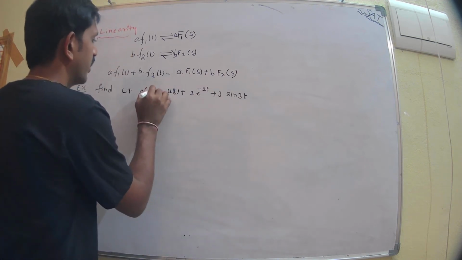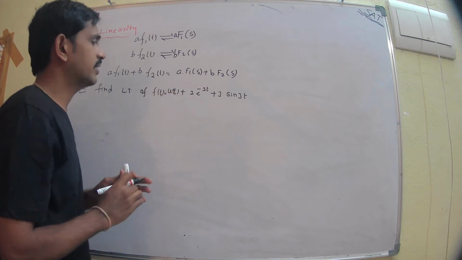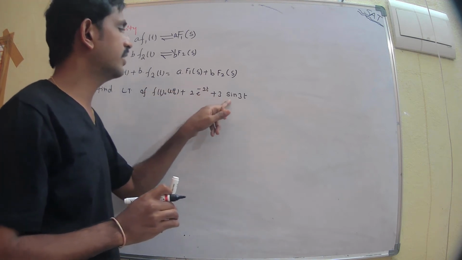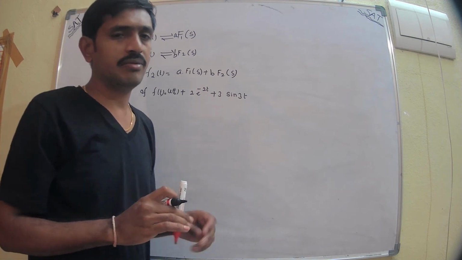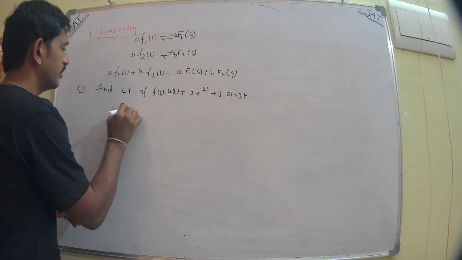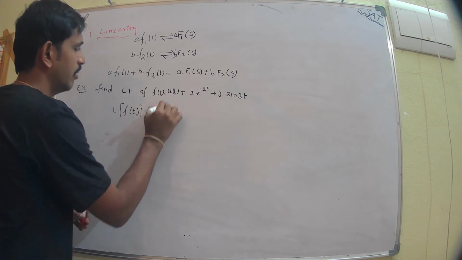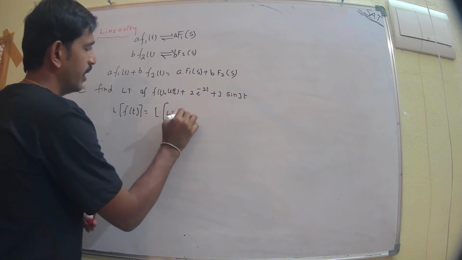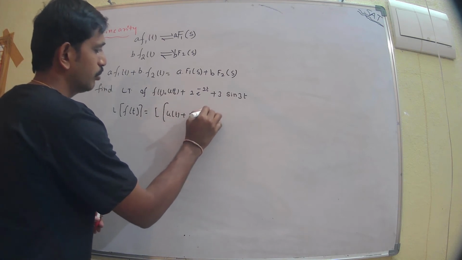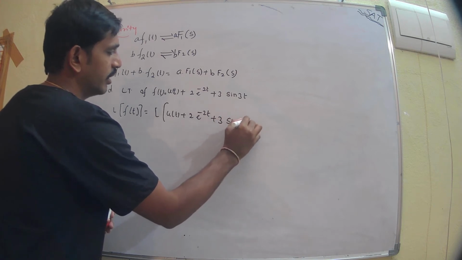Let us suppose this function is f of t equal to u of t plus 2 e power minus 2t plus 3 sine 3t. I can apply the Laplace transform: Laplace transform of f of t is equal to the Laplace transform of u of t plus 2 e power minus 2t plus 3 sine of 3t.